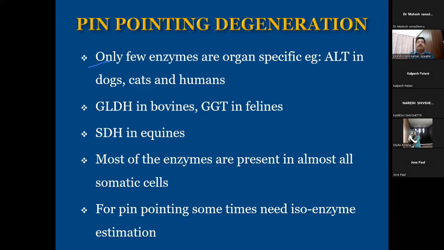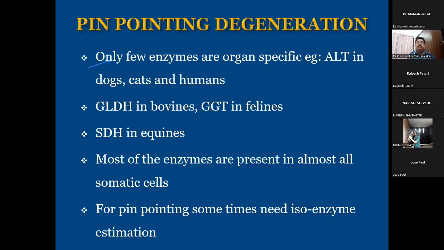So GLDH can be considered as ALT in the cow. Glutamic dehydrogenase. It is a liver-specific enzyme in the bovines. GGT, gamma glutamyl transferase, can be considered as a liver-specific enzyme in the feline. Then SDH, sorbitol dehydrogenase, can be considered as a liver-specific enzyme in the equines, so also the bovines.